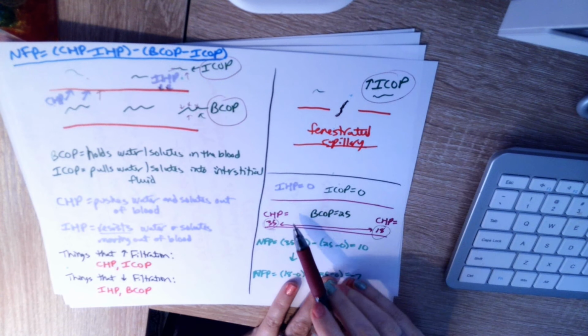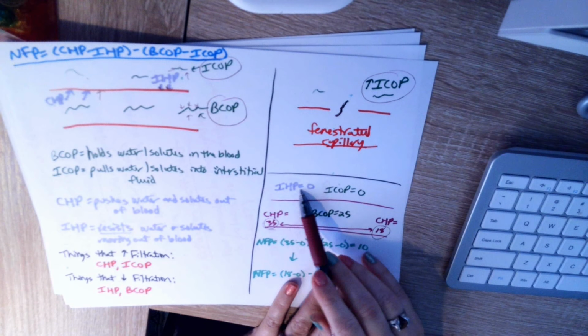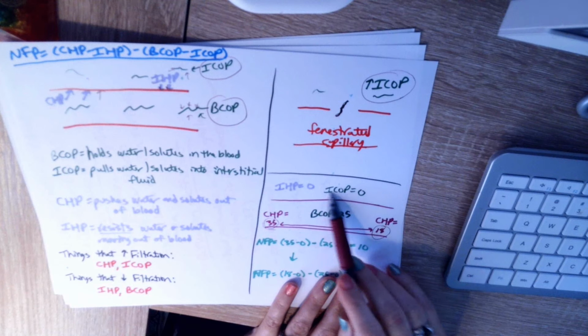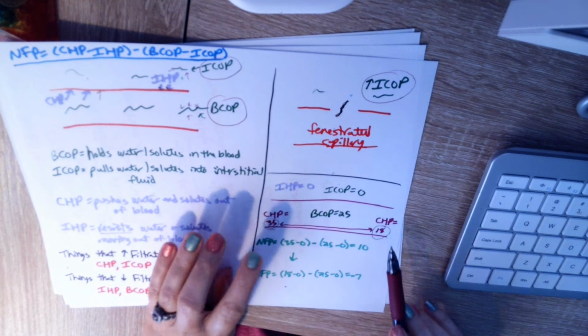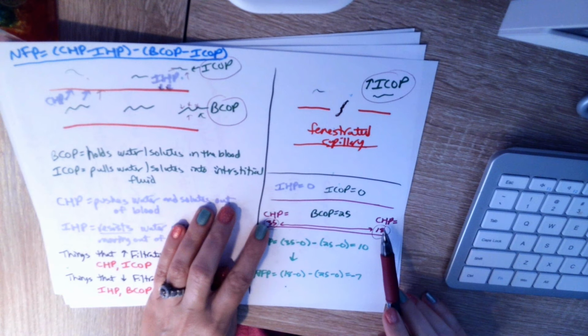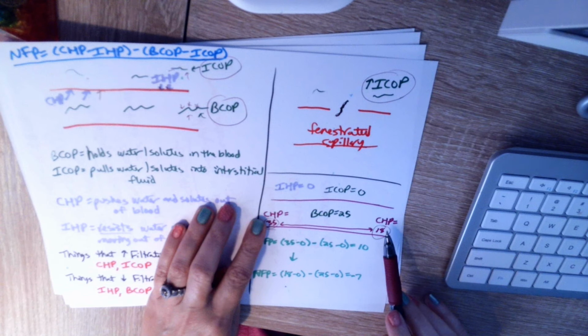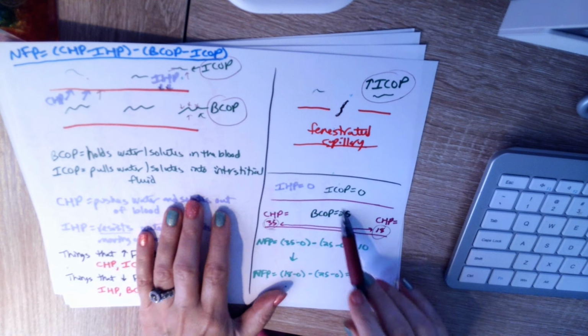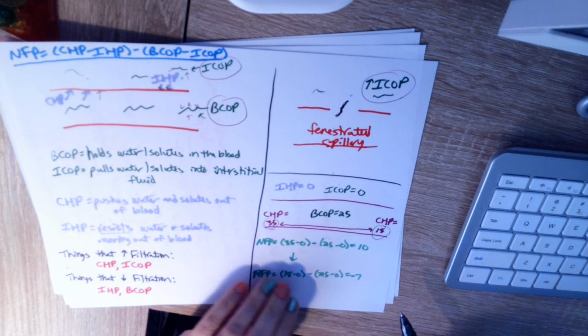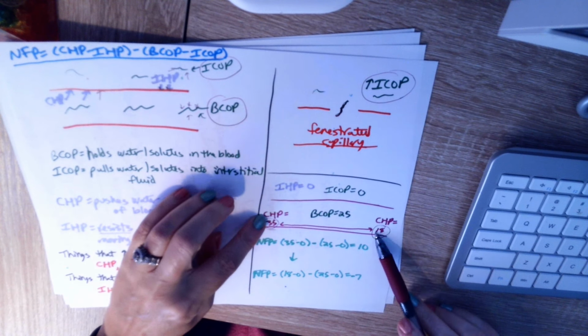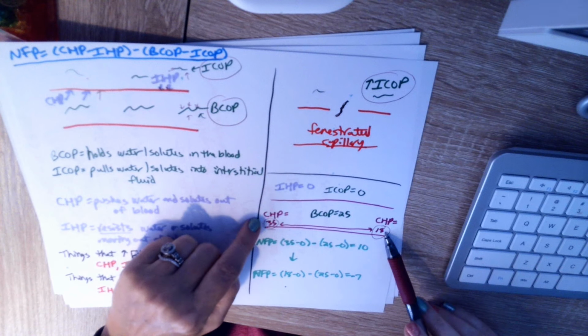For our example here, interstitial hydrostatic pressure is 0 and interstitial colloid osmotic pressure is 0 also, just so we can see how these two things interact: the difference between capillary hydrostatic pressure at the beginning and at the end of the capillary bed, and how that compares to the blood colloid osmotic pressure.